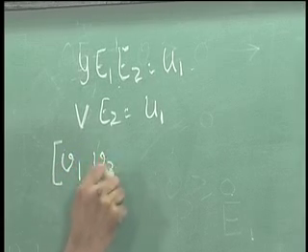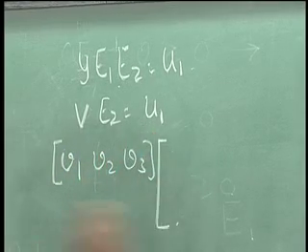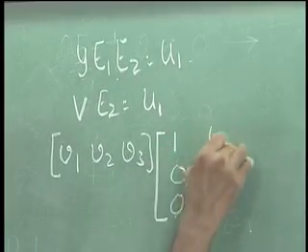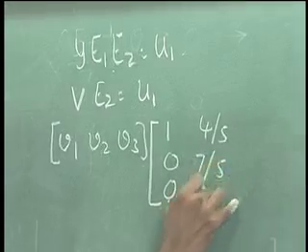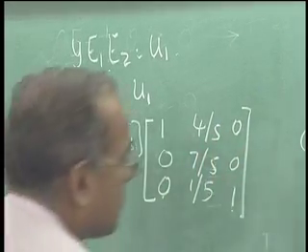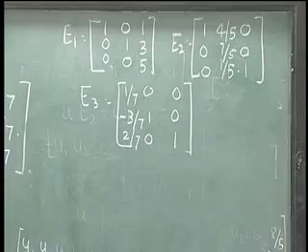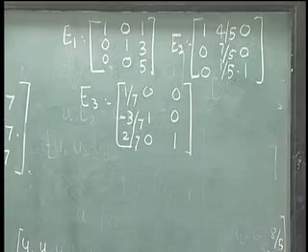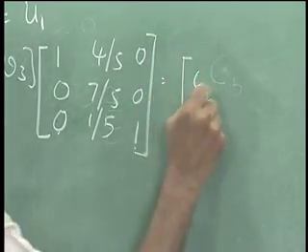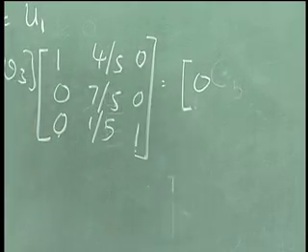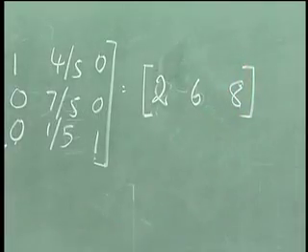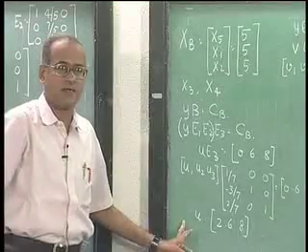So, v will be v1 v2 v3 into E2, 1 0 0, 4 by 5, 7 by 5, 1 by 5, 0 0 1 is equal to 2, 6 and 8, because we found out that u is 2, 6 and 8.